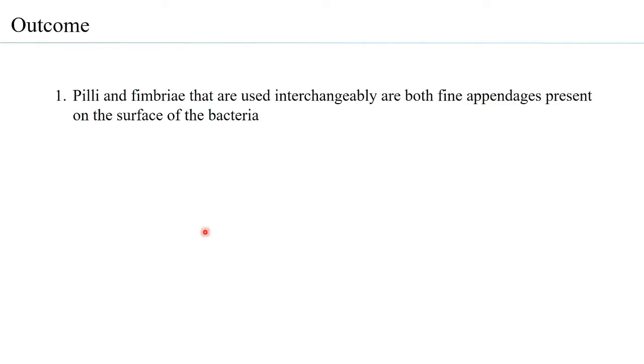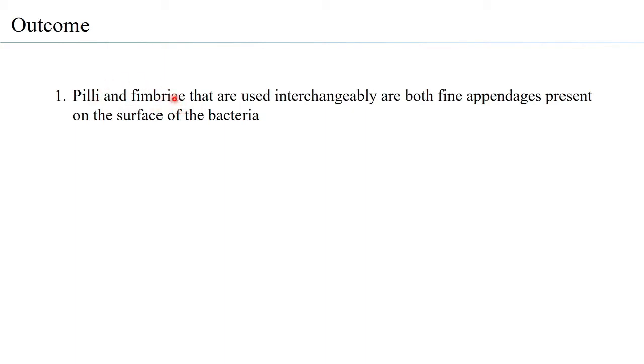Now, what is the outcome of this session going to be? One, that pili and fimbriae as terminologies are used interchangeably. Some people use the word pili only for specialized sex pili, reserving it for the functionality of acting as a sex pili, and all other pili are named fimbriae, whereas there are other people that suggest the use of fimbriae only for a certain type of pili.